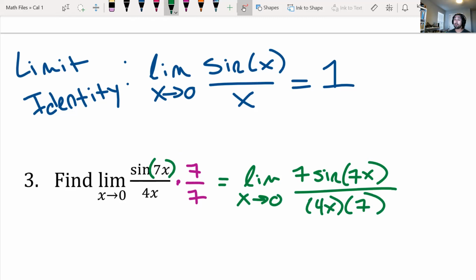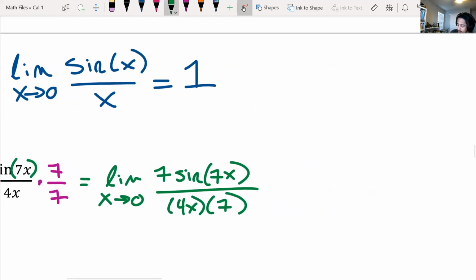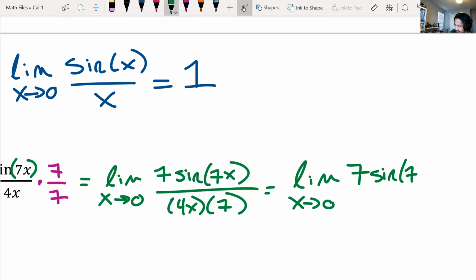So we just manipulated by 1. We multiplied by 7 in the numerator, 7 in the denominator. Now we have some rearranging to do, and the rearranging is going to be in the denominator.